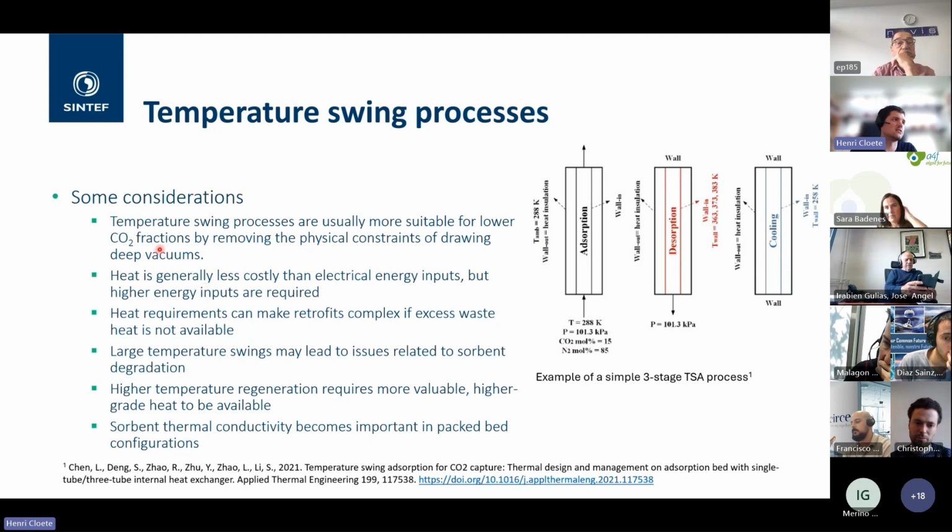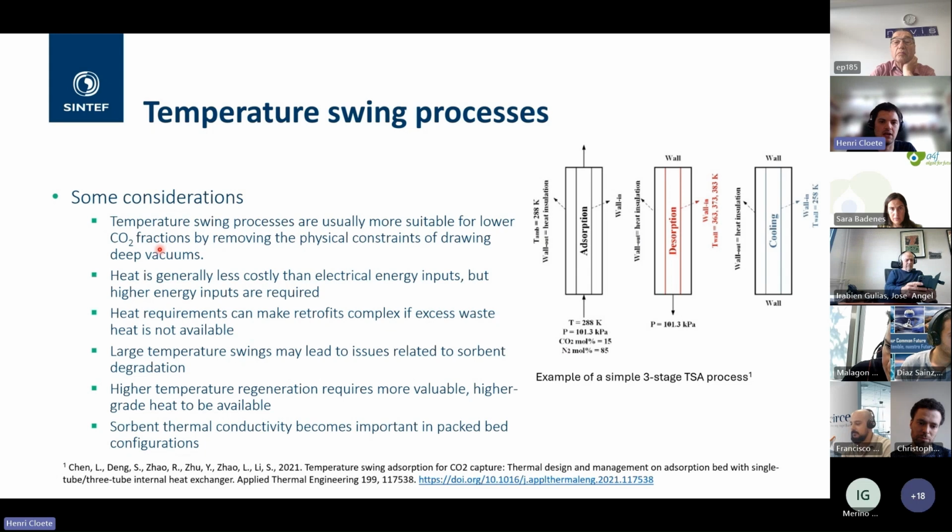So in general, temperature swing processes are more suitable for lower CO2 fractions, so especially below 10% of CO2, I would say, because you don't have this constraint for pressure swing of having to draw extremely deep vacuums that becomes costly. An advantage is that heat is usually cheaper to get than electricity, but then you also need more of the heat.